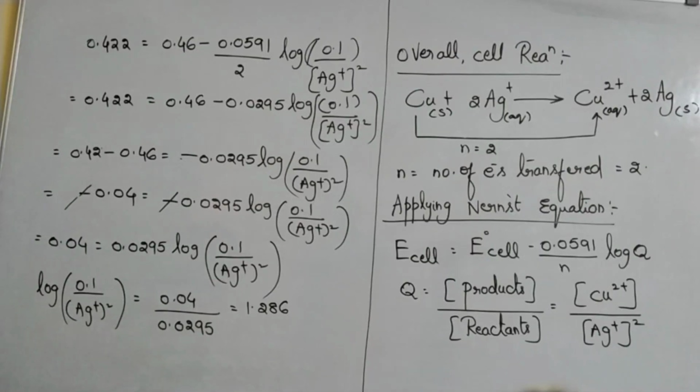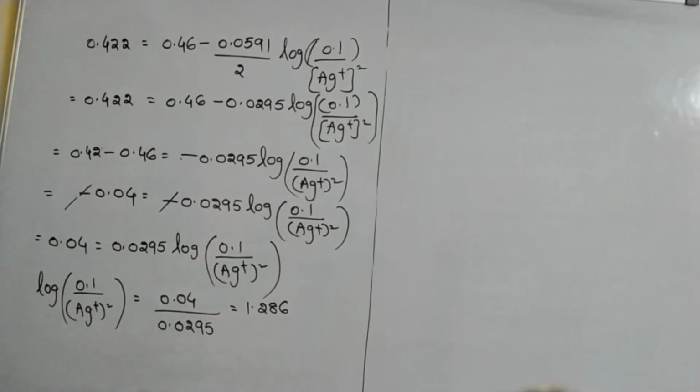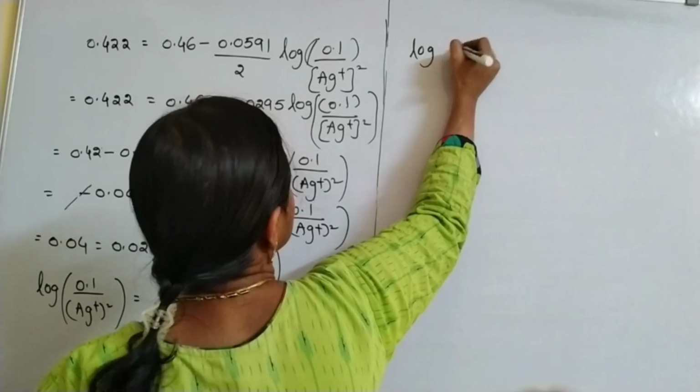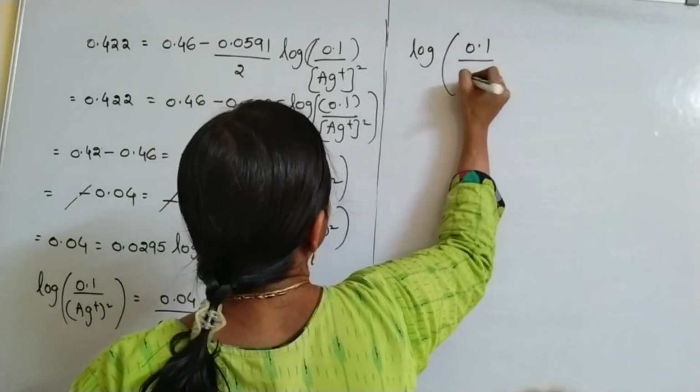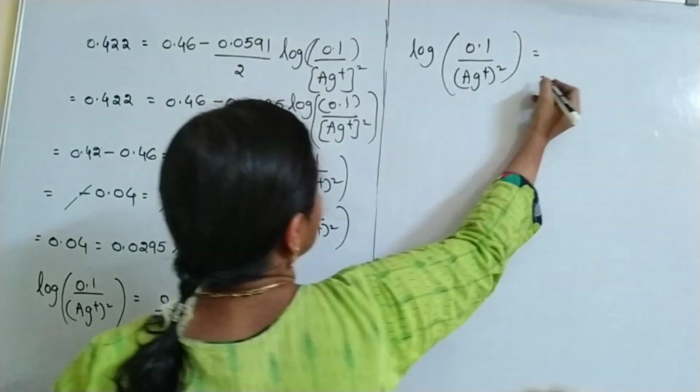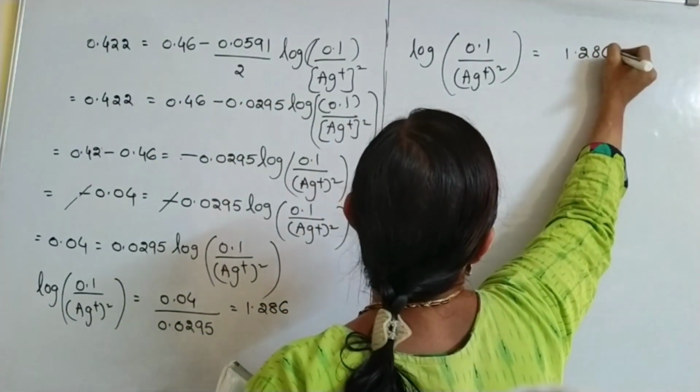Now we have to find this [Ag+] whole square. Okay, so let me rub that side and we'll do that. So log of 0.1 by [Ag+] whole square is equal to 1.286 we got.